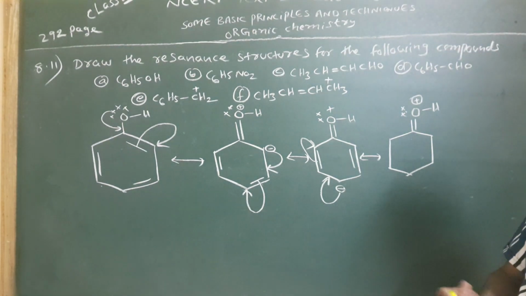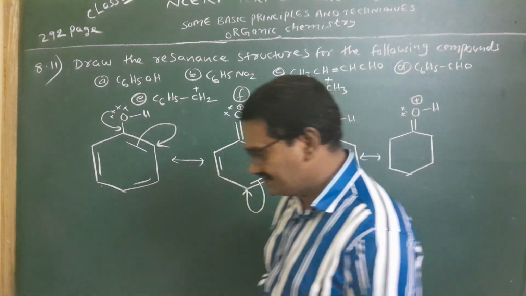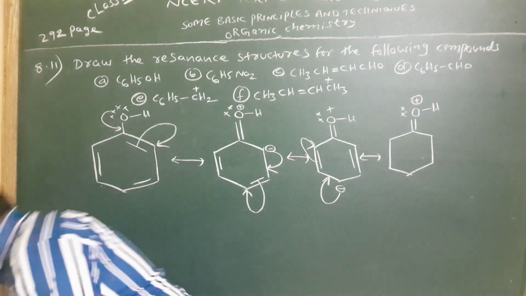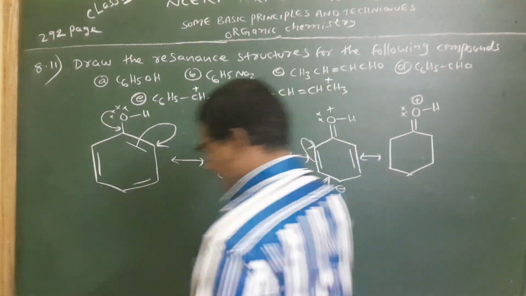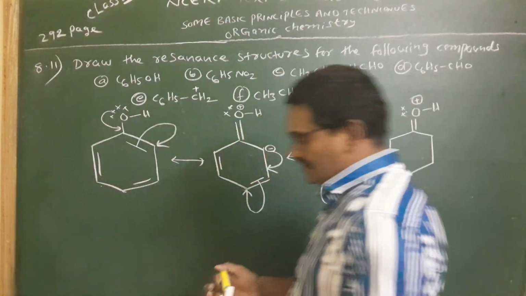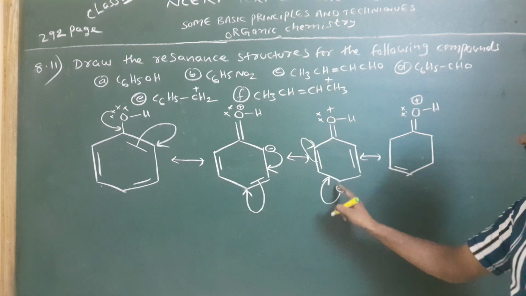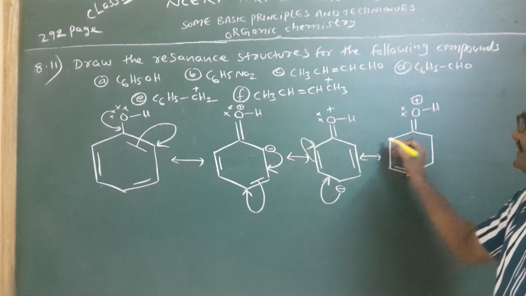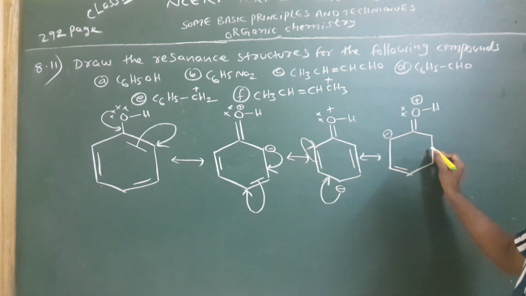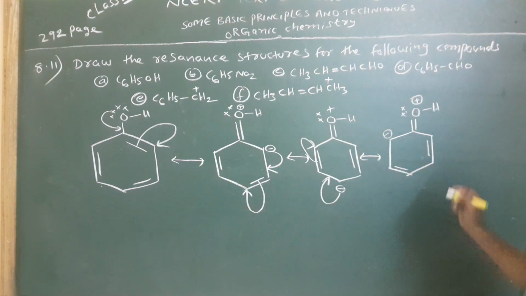So next one is, the pi sigma electrons convert, the sigma electrons convert into this place. So the answer is, here double bond, this converts into this place minus, here pi bond. So it is the fourth structure.